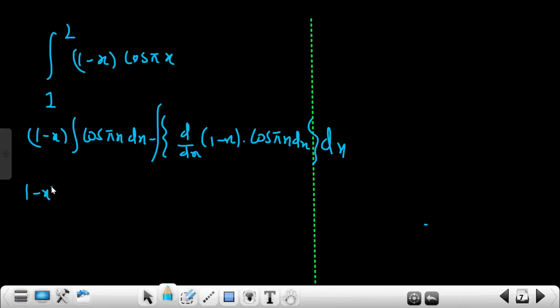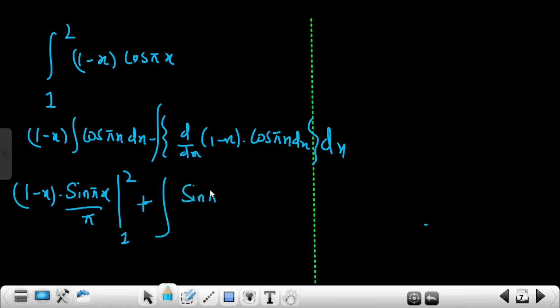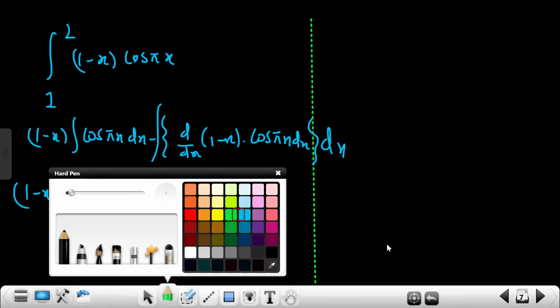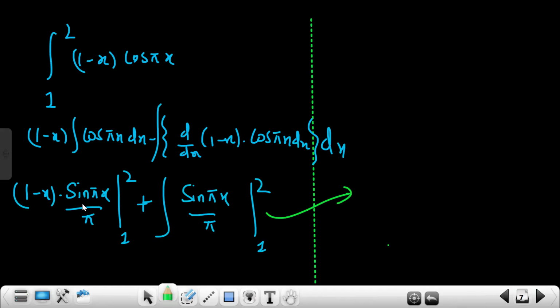So (1 minus x) into sine pi x by pi from 1 to 2, minus, it will be plus, sine pi x by pi from 1 to 2. So eventually we are left with substituting that value. It would be minus 1. Eventually it is going to be 0 only. This part is 0.